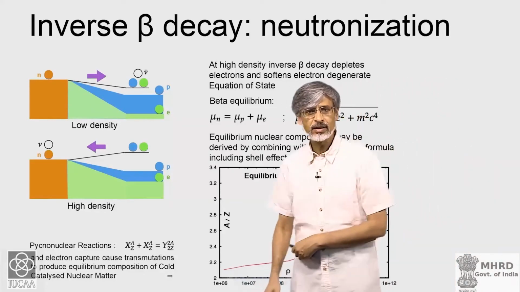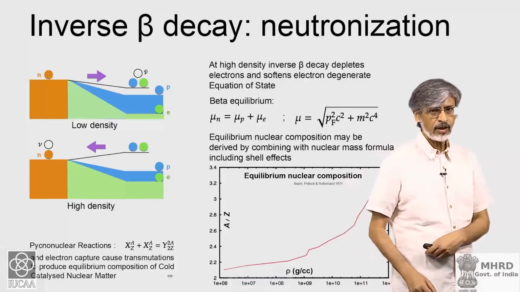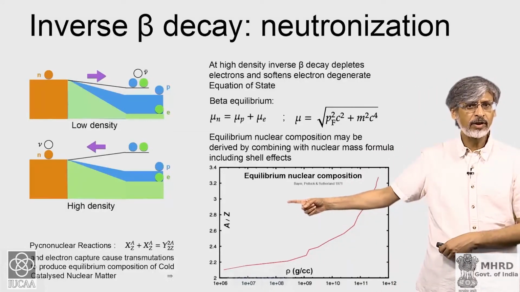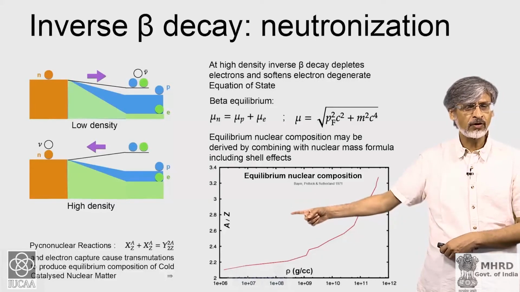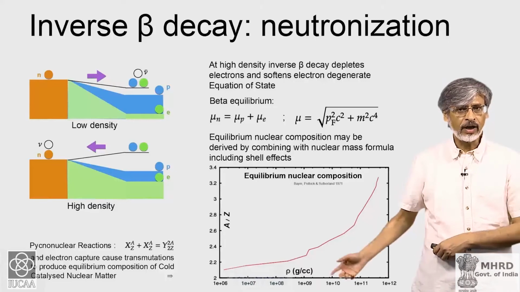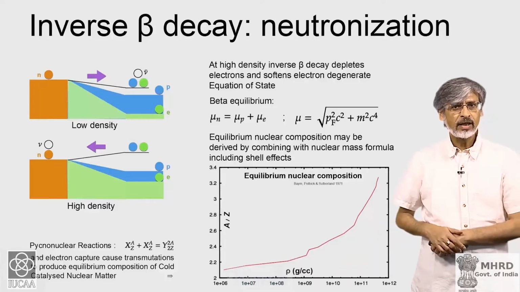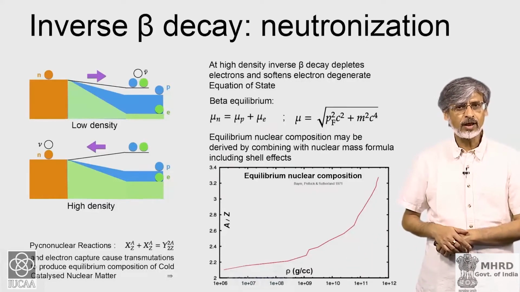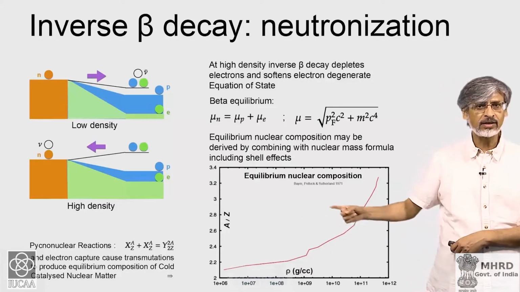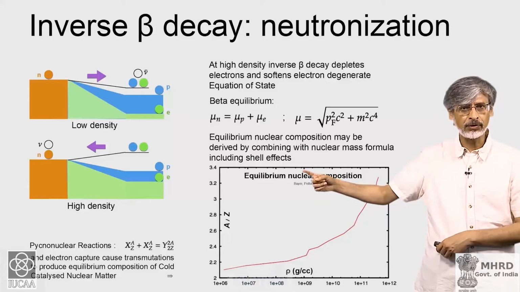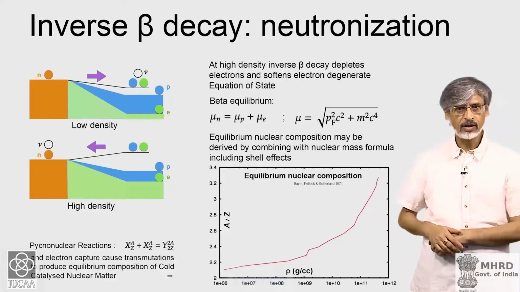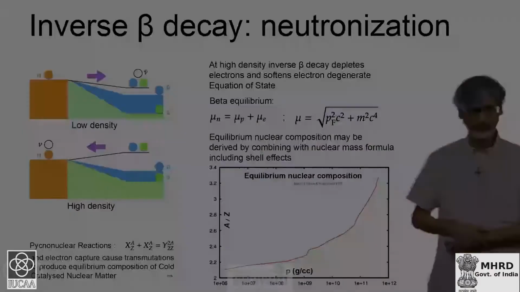This means that the material is getting more and more neutron rich. In regular terrestrial matter, A by Z is roughly about 2, but here as you can see, as you go to higher and higher densities, it has risen well beyond 2, and if you go to even higher densities, this will rise even further.